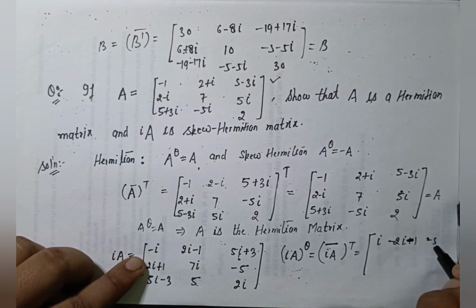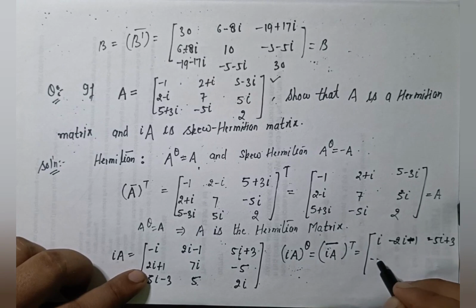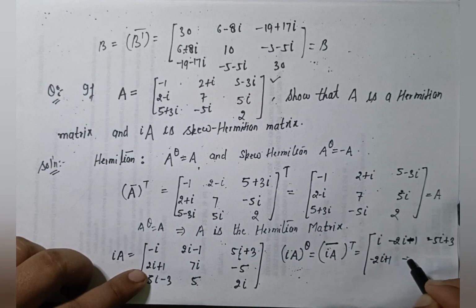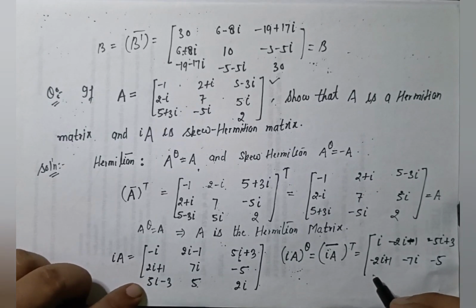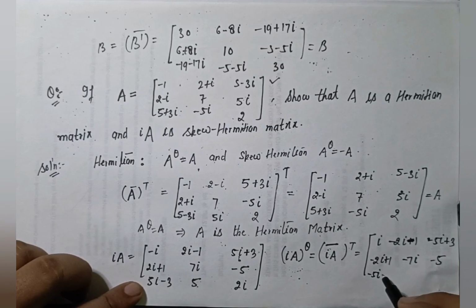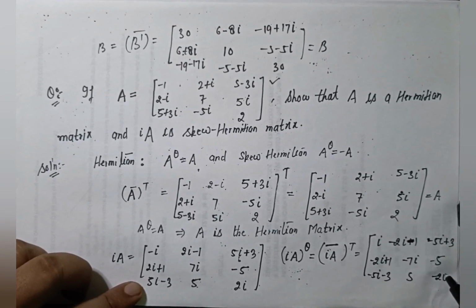So it is minus 5 iota plus 3, and 2 iota plus 1, and minus 7 iota, and minus 5, and minus 5 iota minus 3, and 5, and minus 2 iota.